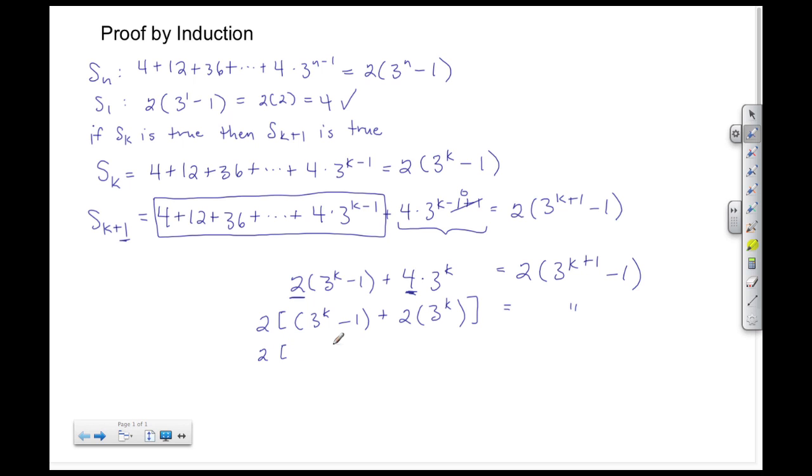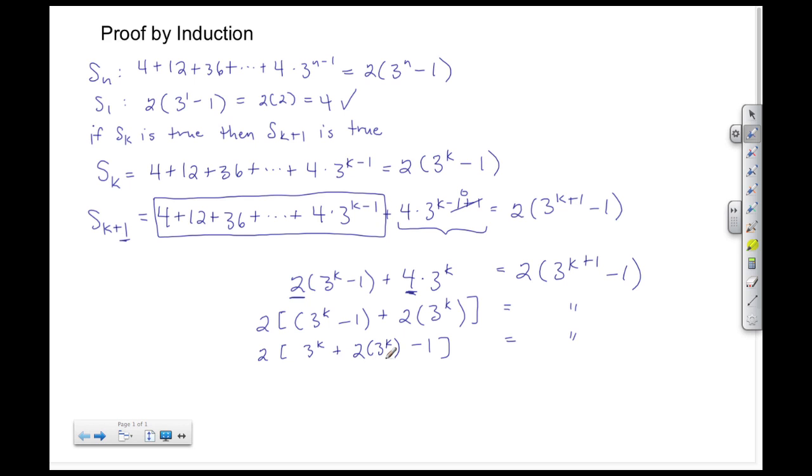Let's group the 3 raised to the k with this other 2 times 3 raised to the k, and then I've got the minus 1.